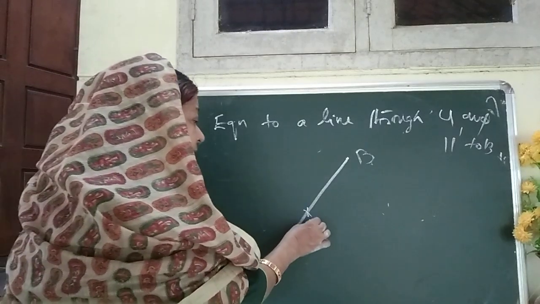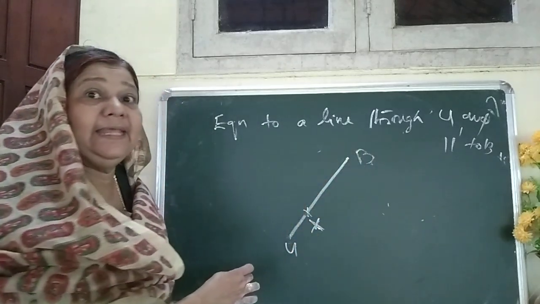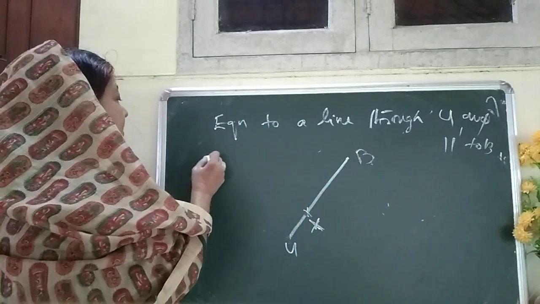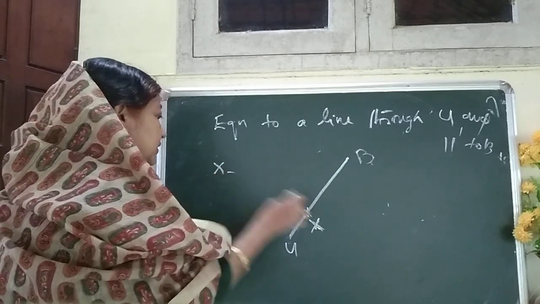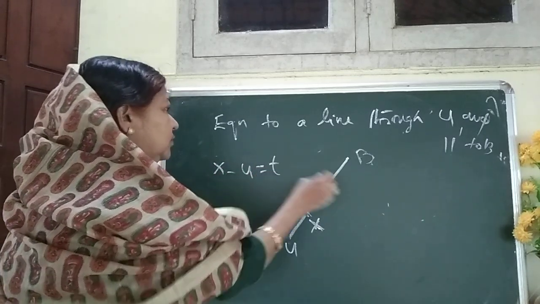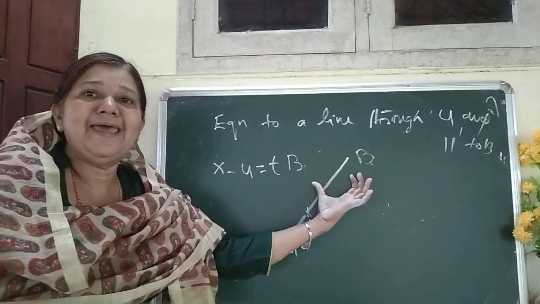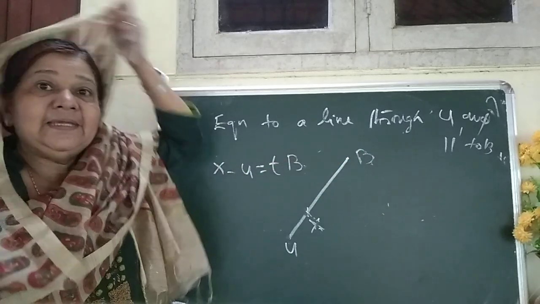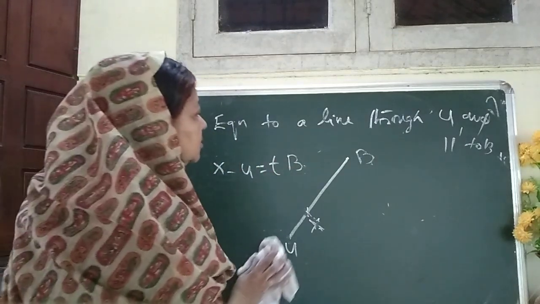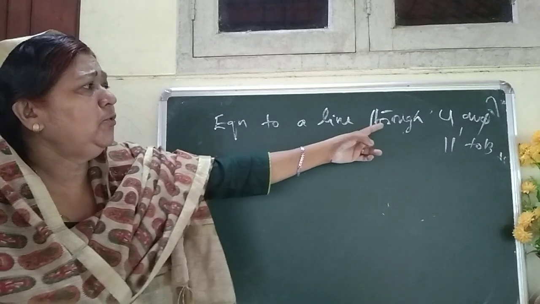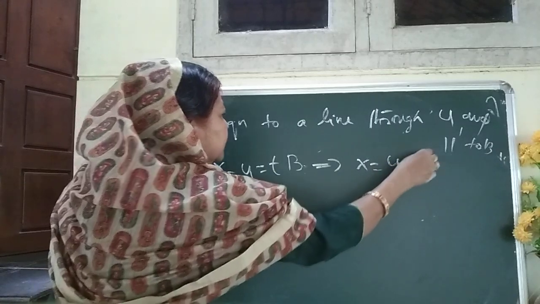Then x minus U and B are linearly dependent, since x minus U and B lie on the same line. So we can write x minus U equal to t into B. Or the equation to a line through U and parallel to B is x equal to U plus t into B.